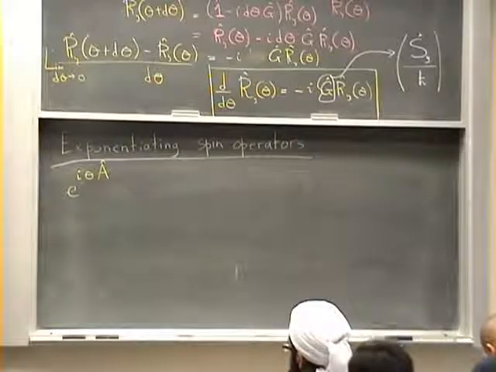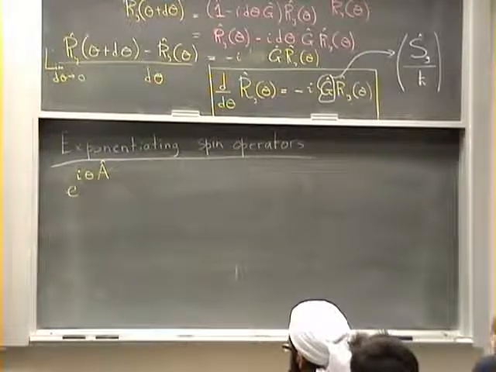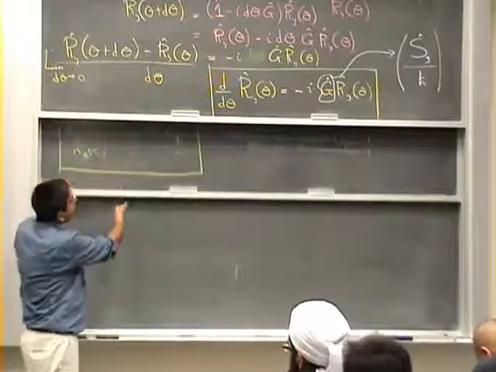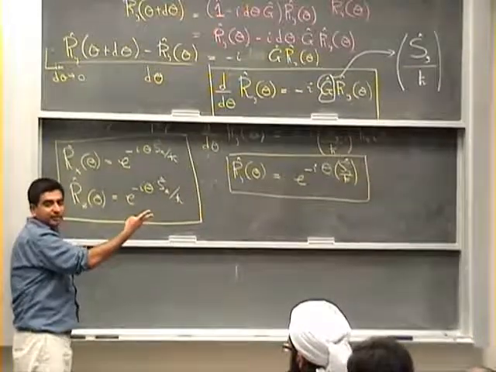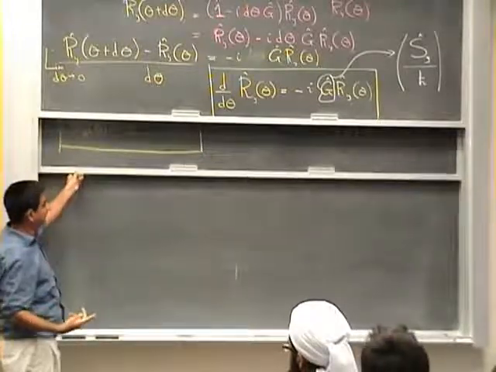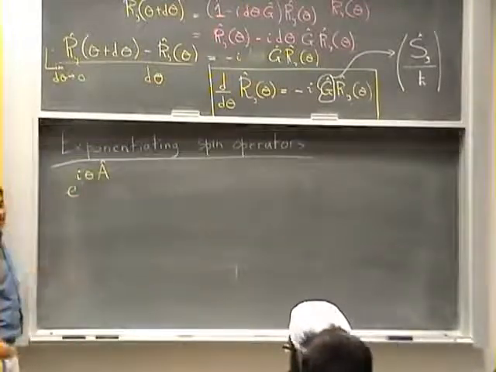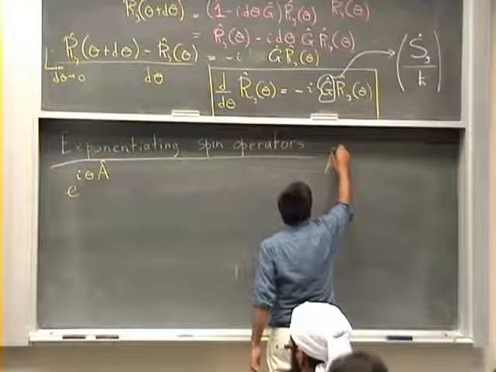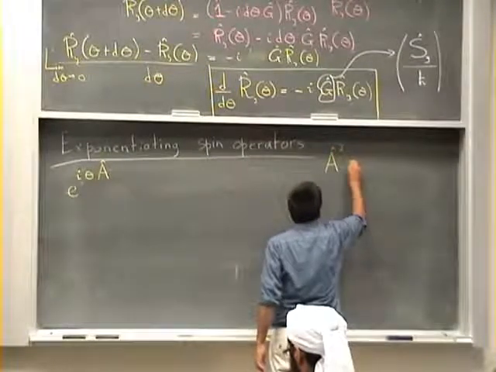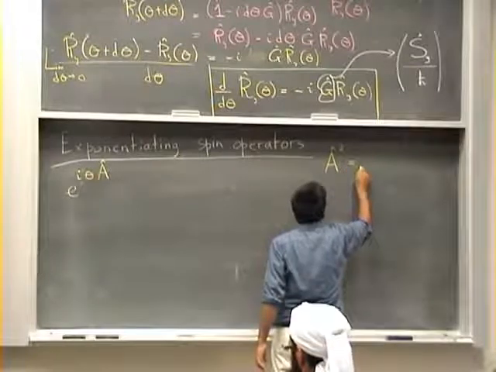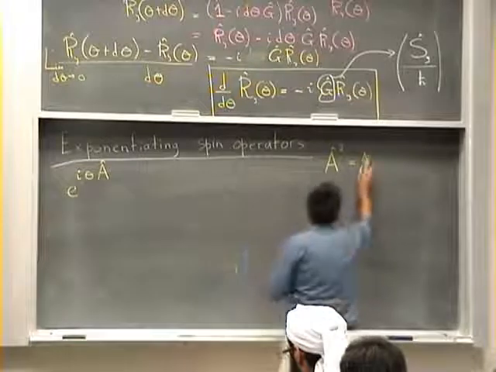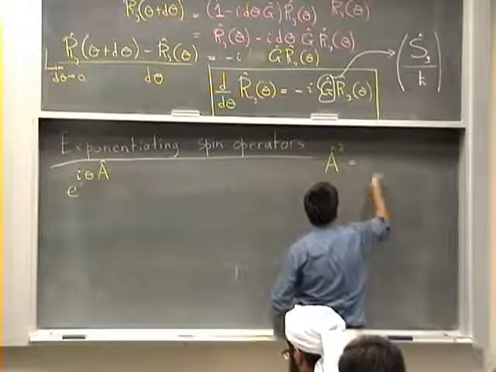Okay. I want to find out how in the world can I calculate these exponents of operators. For that I am going to prove a theorem. Now this operator A is such that A squared is equal to identity. Okay?